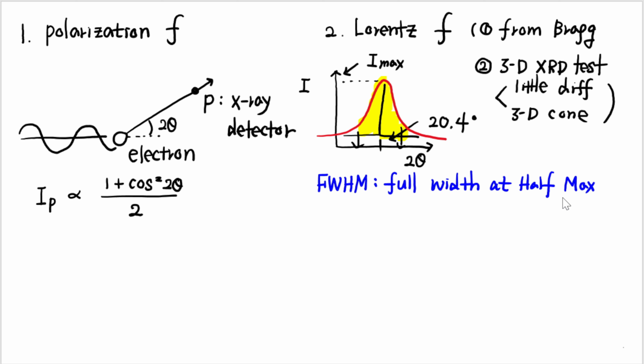Half maximum: just find this value, half, and then we measure this width. So this blue area can be defined as full width at half maximum, FWHM. This is a measurement that describes the width of the distribution, the peak at half of its maximum value. So please remember this one.